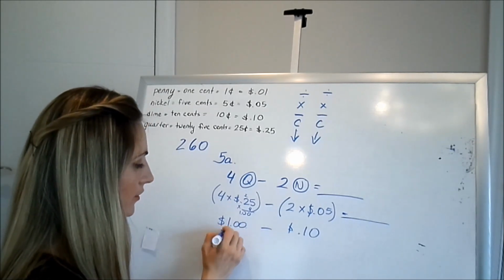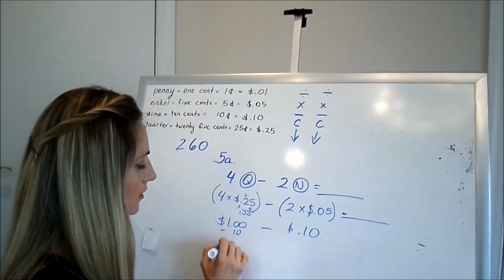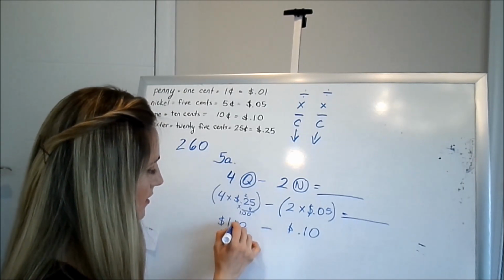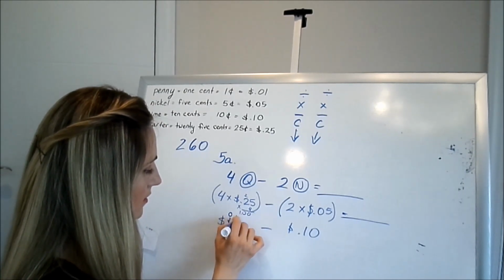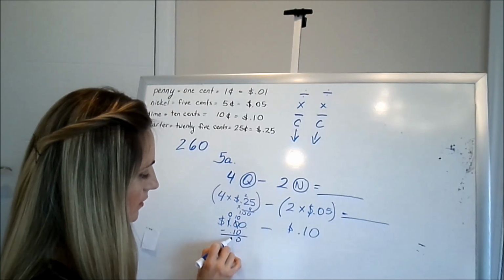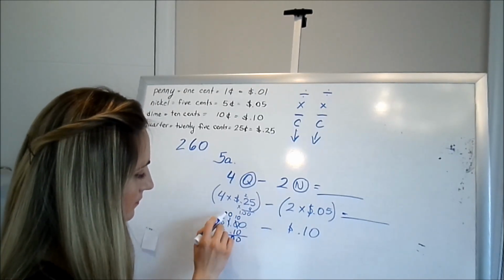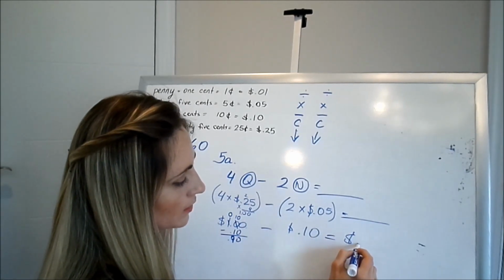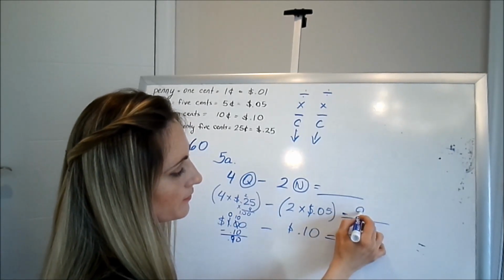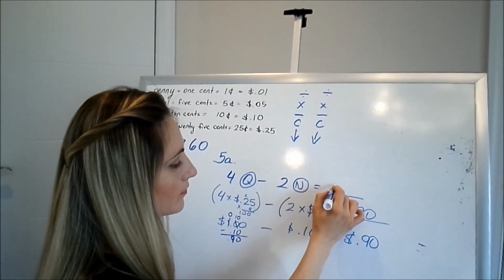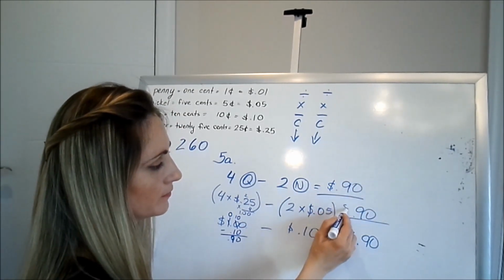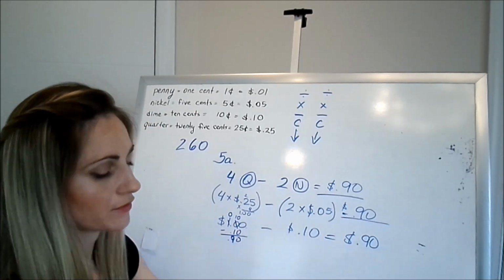Again, if you can't figure it out, you can do it right here. $1 minus 10 cents. 10 minus 1 is your 9. Nothing here. Okay? 90 cents. 90 cents. Okay? There's your final answer.